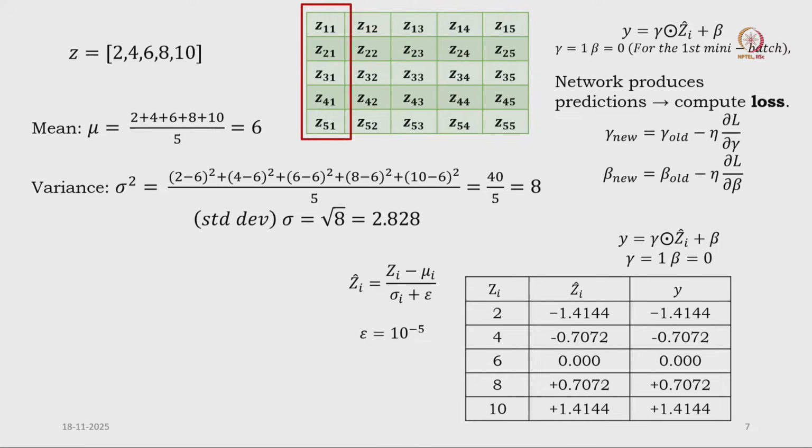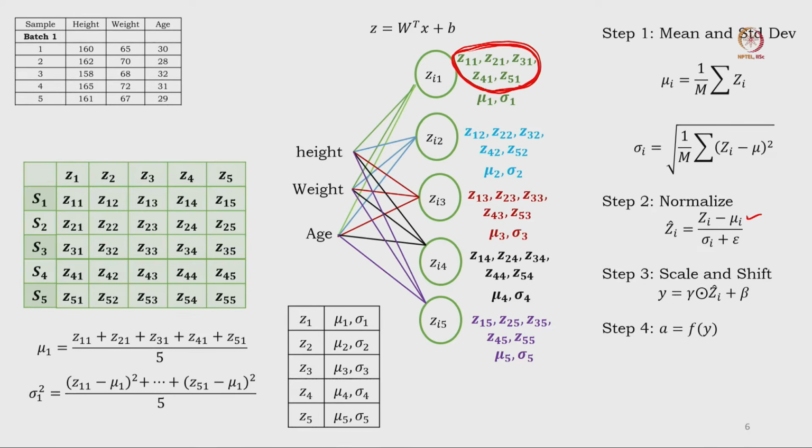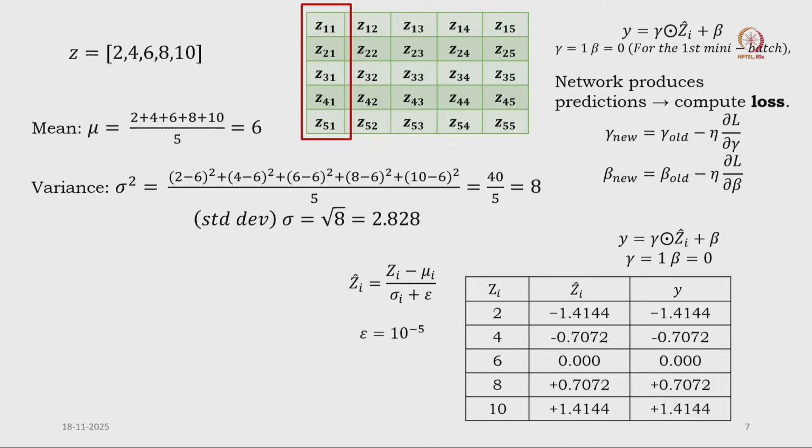First step, you will calculate the mean and then the standard deviation. How did we calculate it? 2, 4, 6, 8, 10 divided by 5, and then you calculate the standard deviation. Now, we got this mean and this standard deviation.